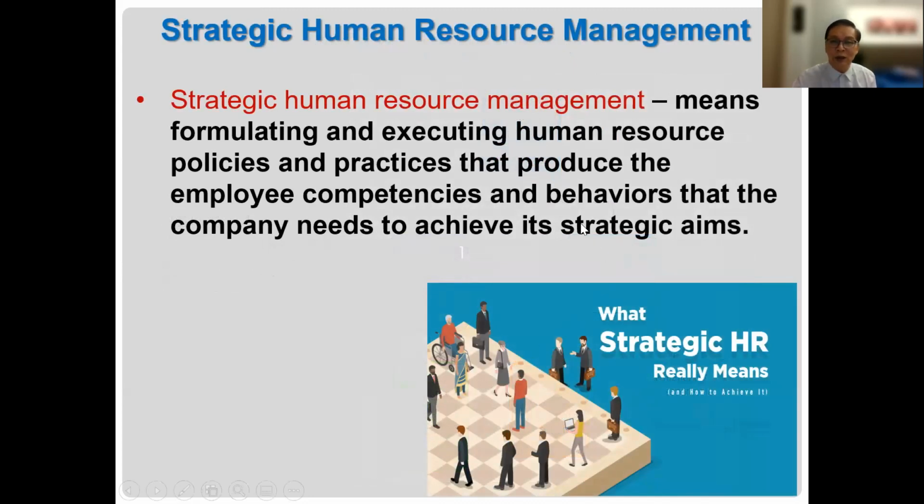And this is where strategic human resource management comes about. This is the direction for the future in HR, whereby you will need to look into how they can produce employees with competencies and behaviors that help the company to achieve its strategic aims.